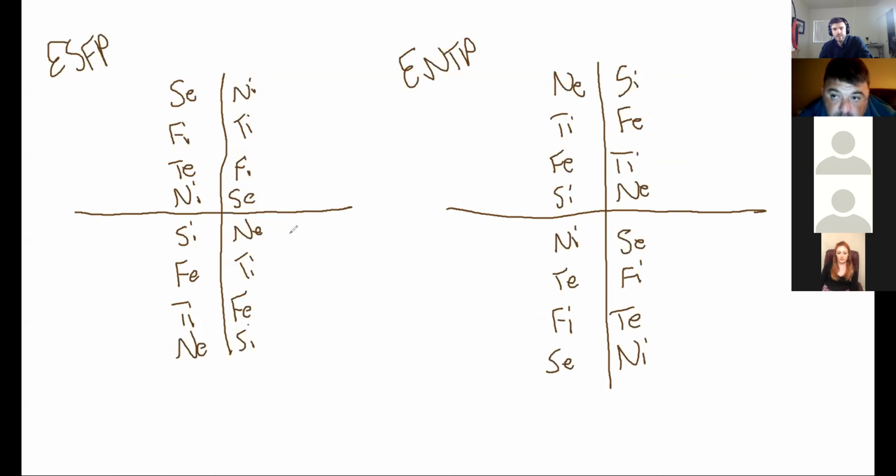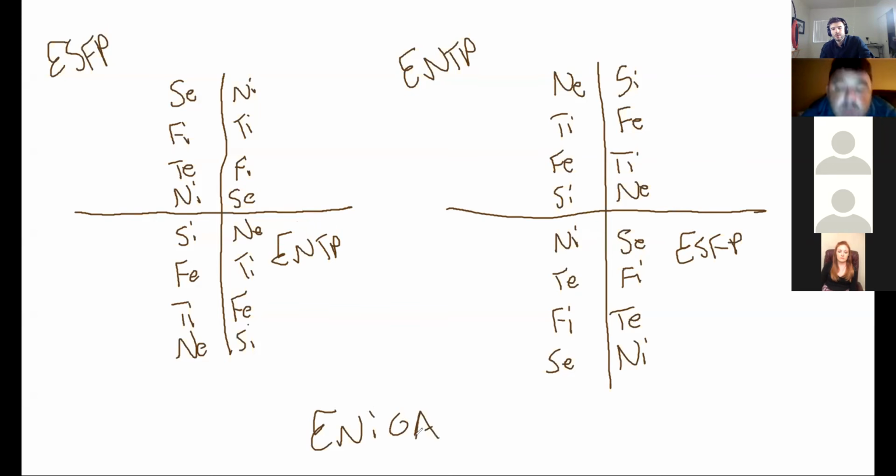So the ENTP down here is in the superego slot, and the ESFP down here is in the superego slot. This is also known, according to socionics, as the enigma relationship. Very, very key.